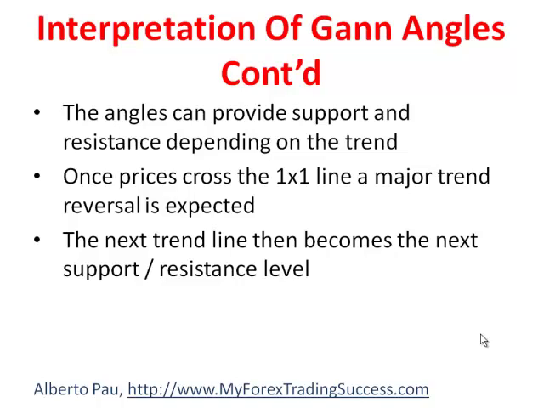So we're going from a bear into a bull market and vice versa. Okay, and then the next trend line becomes the next support or resistance level. In other words, the next Gann trend line becomes the next support or resistance.